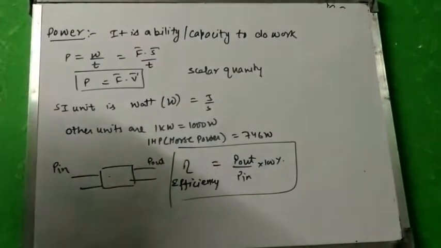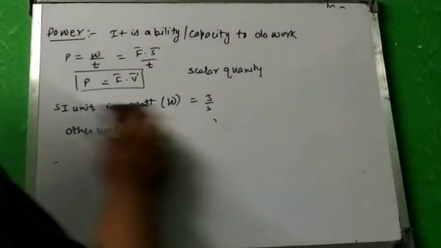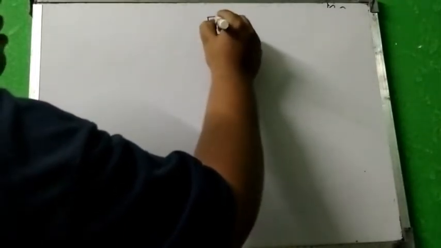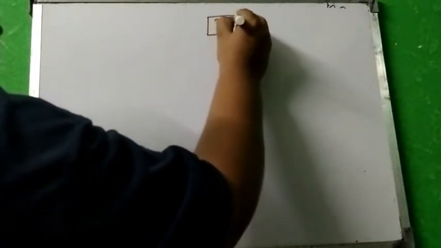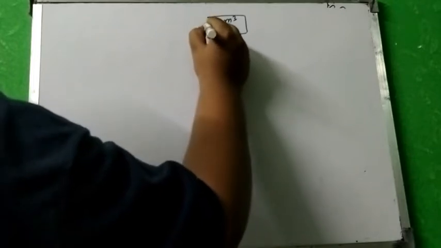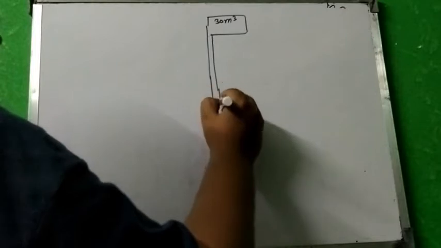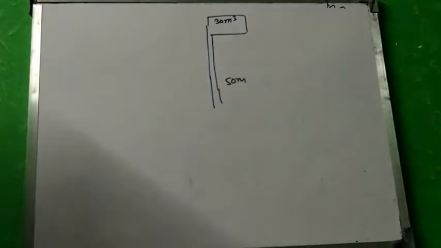Let's do a question on it. There is a tank of volume 30 meter cube at a height 50 meter from the ground.